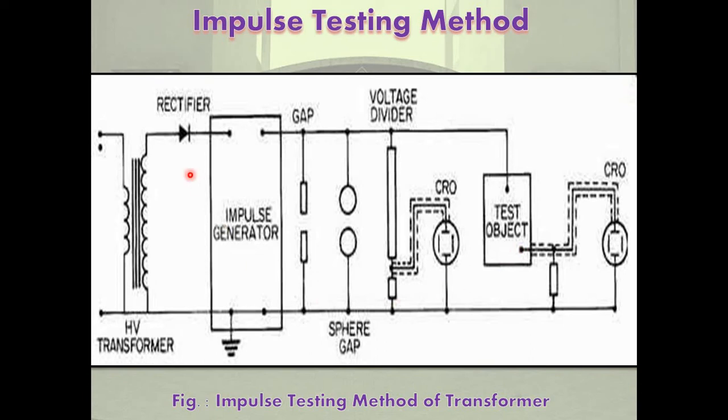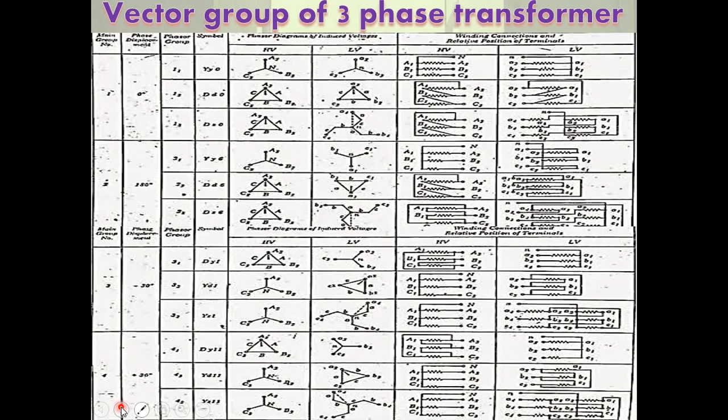Okay, so this is an impulse testing method. Now this is the vector group of a three-phase transformer. In a three-phase transformer, polarity alone is insufficient to represent the relation between HV and LV windings.